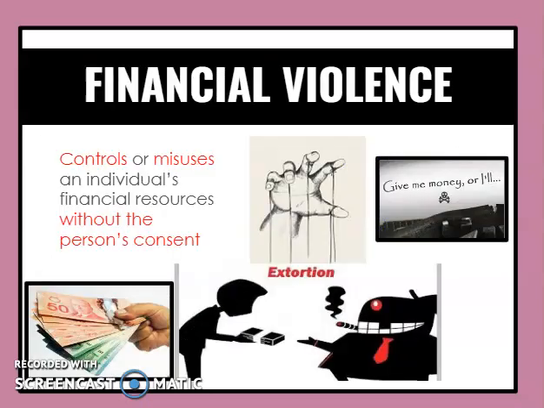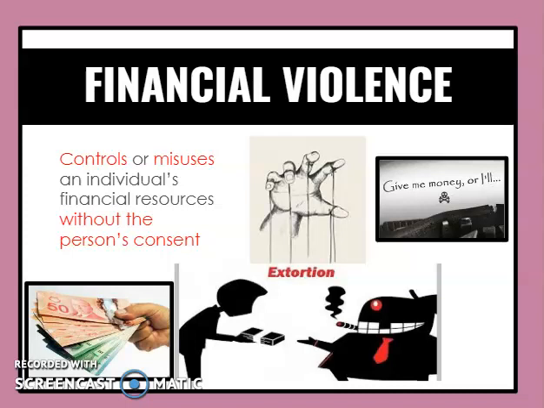Financial violence or abuse happens when somebody controls an individual's financial resources without the person's consent, or they might misuse those resources. Examples of financial violence include not allowing a person to participate in educational programs, controlling the person's choice of occupation, for example, illegally or improperly using a person's money, their assets, and property.